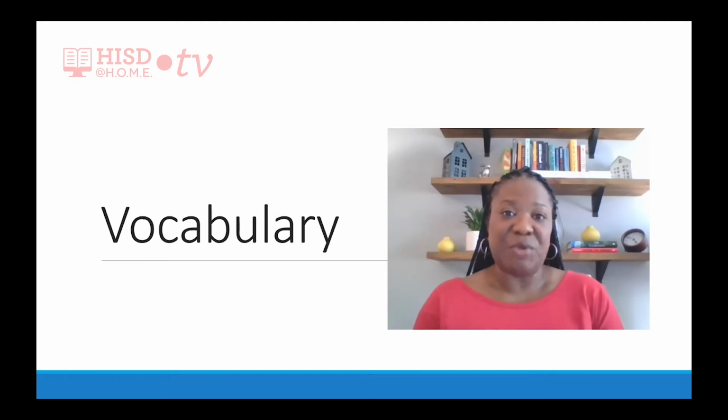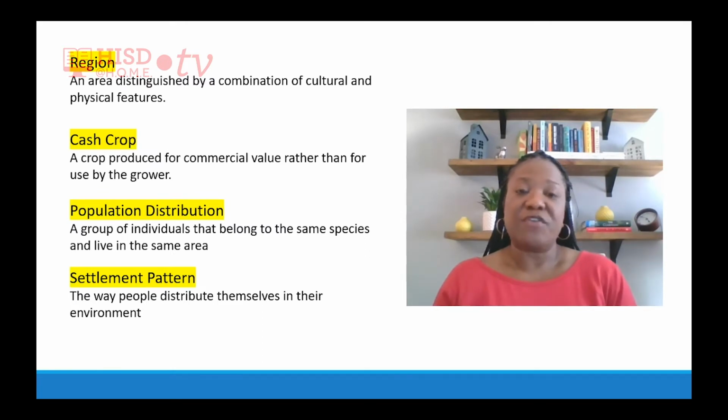Let's take a moment to look at some of the vocabulary we will be seeing today. Your first word is region. A region is an area that is set apart by cultural and physical features. If you remember from your 6th grade and 7th grade social studies classes, you might remember talking about regions.